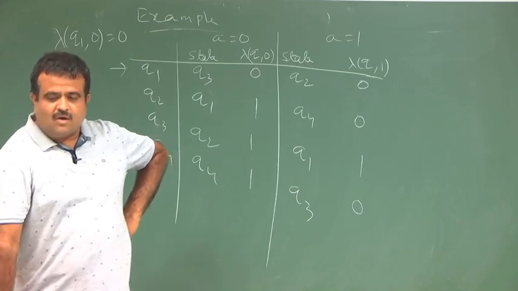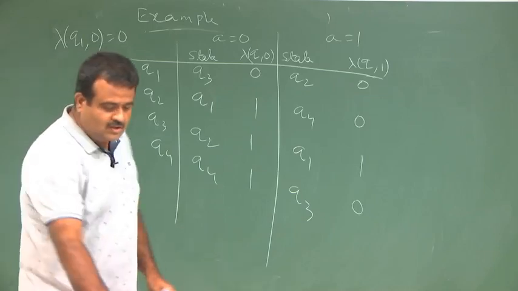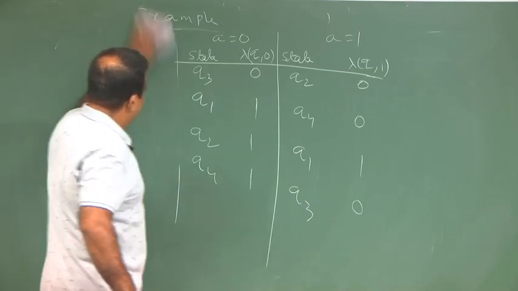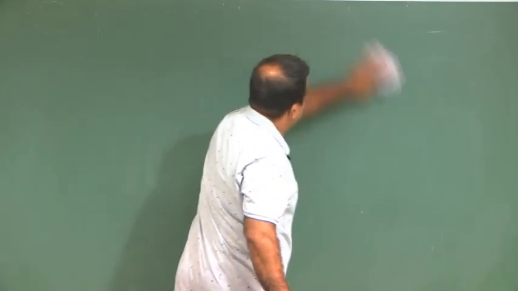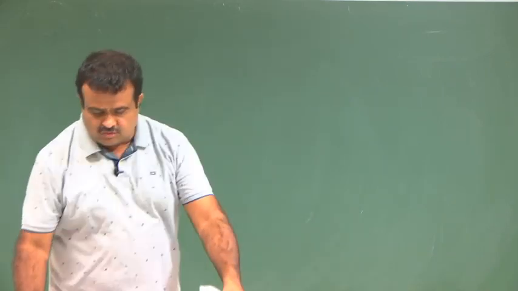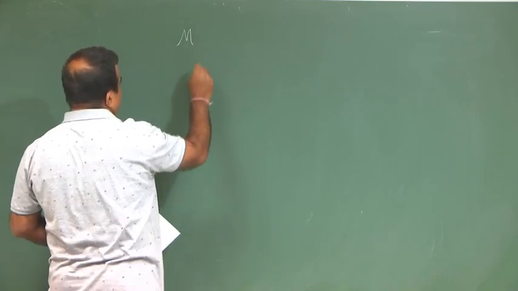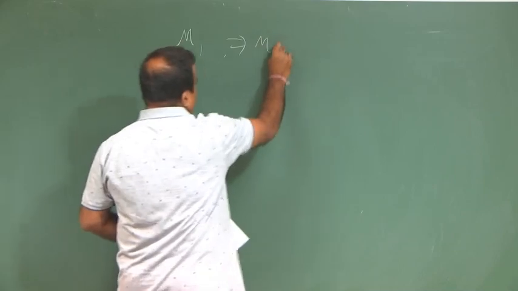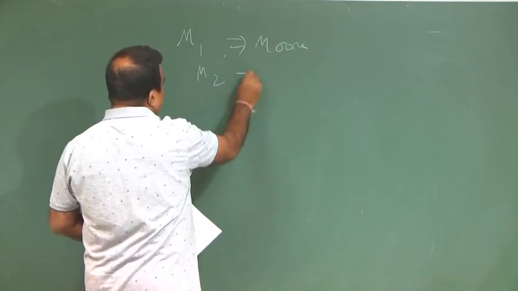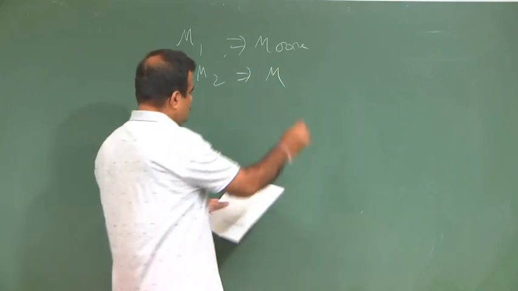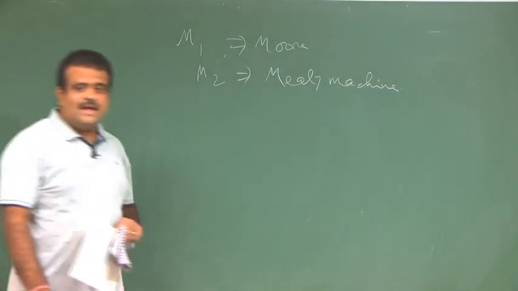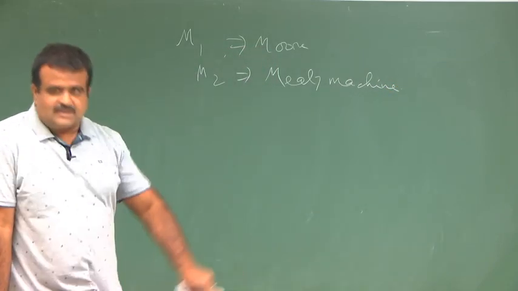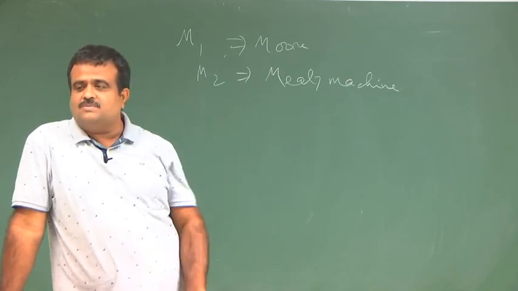So, this is one example where the output is also a function of the input. Now the question is how we can make the equivalence between these two. Suppose we are given a Moore machine, how do we construct a corresponding Mealy machine from it? That we will do first, and then we will see that they output the same string, because equivalence means they output the same string.